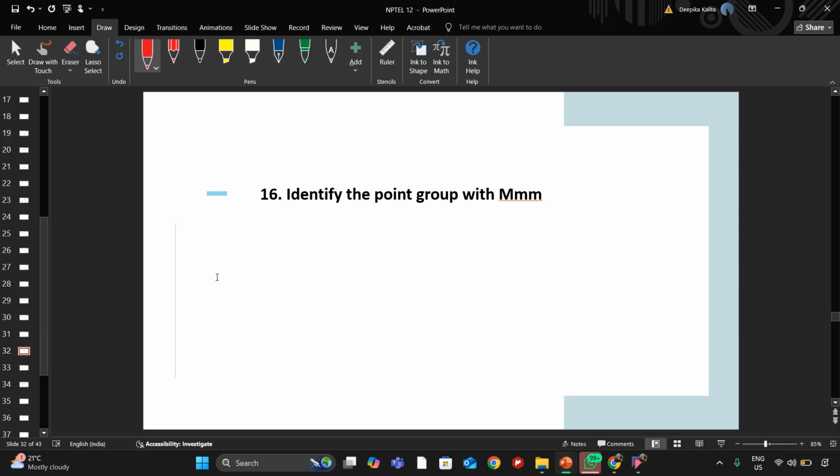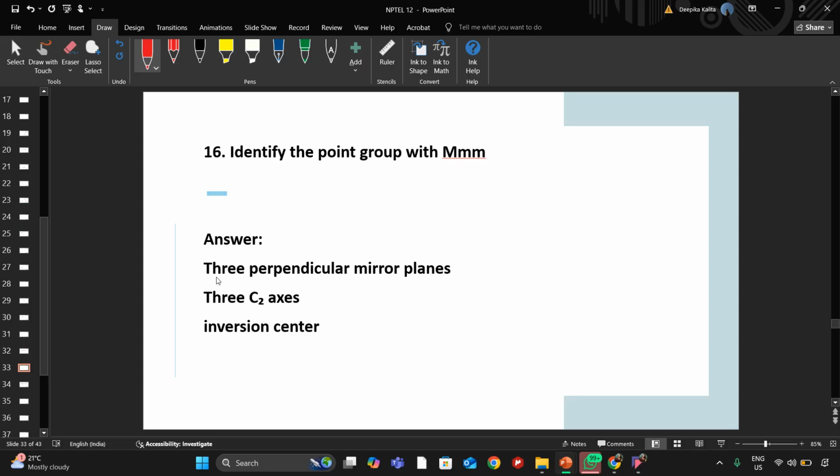So in the next question, identify the point group mmm. So mmm is actually the highest symmetry, centrosymmetric point group in the orthorhombic crystal system.